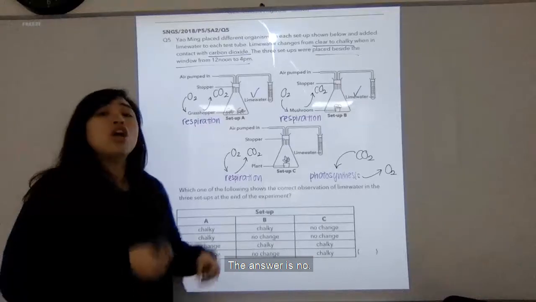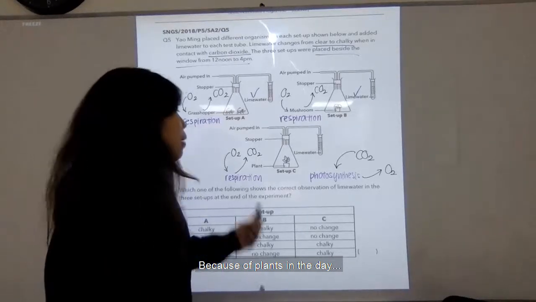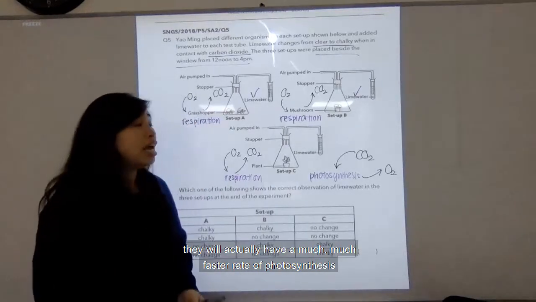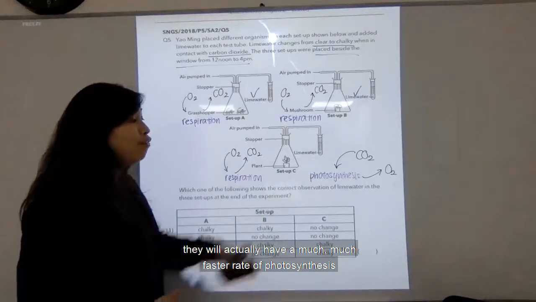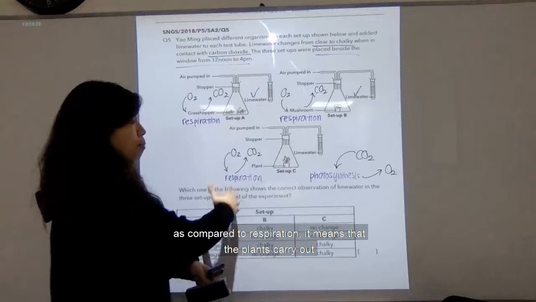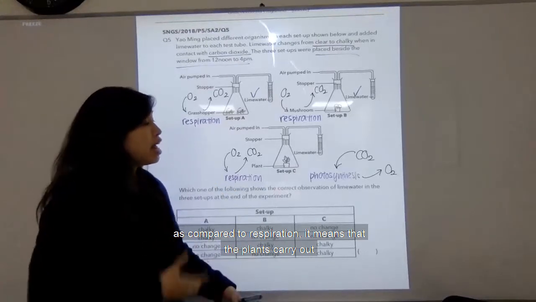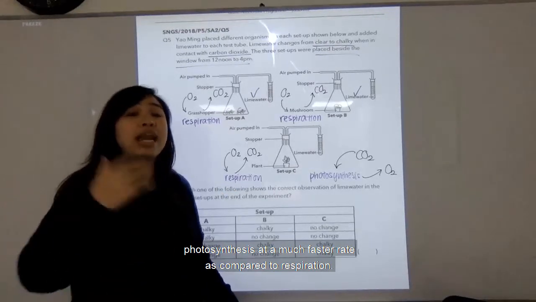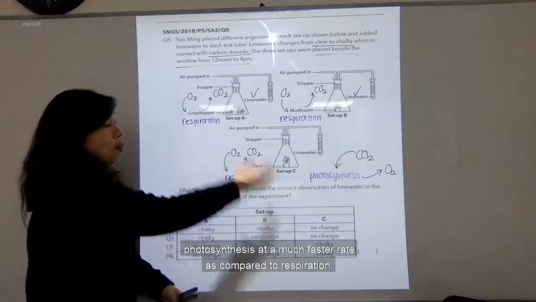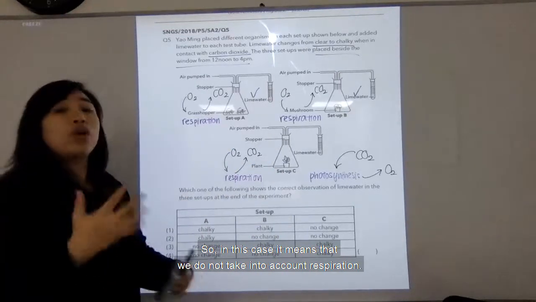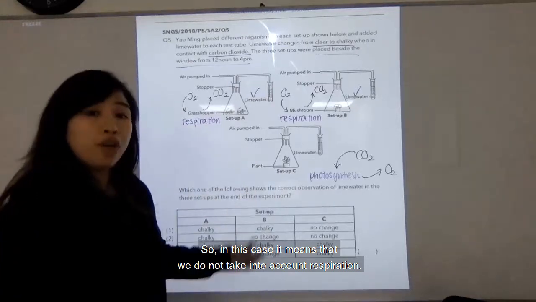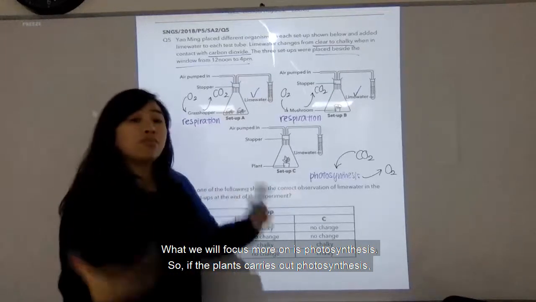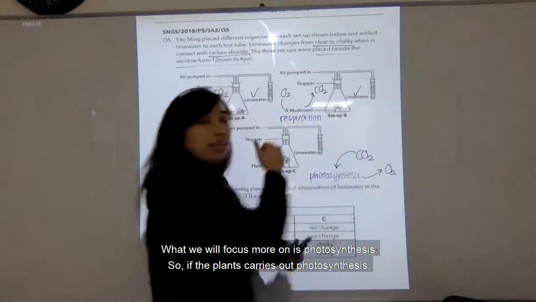The answer is no, because for plants in the day, they would actually have a much faster rate of photosynthesis as compared to respiration. So in this case, we do not take into account respiration. What we will focus more on is photosynthesis.